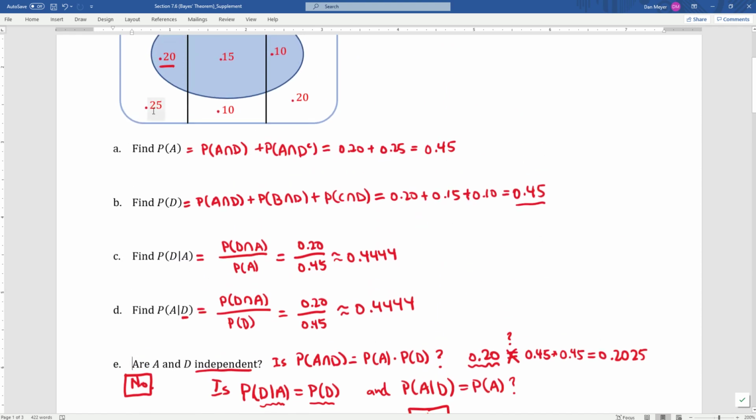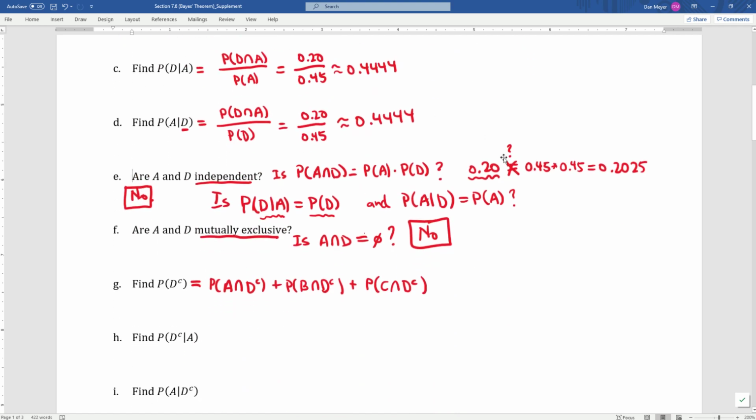So if we look, these are the values for A and D complement, B and D complement, and C and D complement. So 0.25 plus 0.10 plus 0.2. And that gives us 0.55.